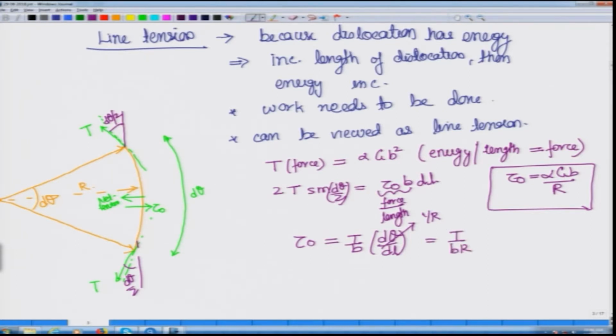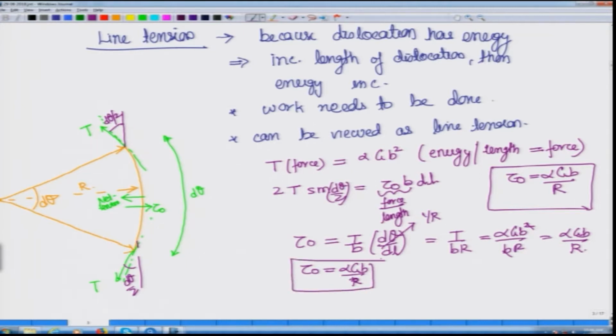But T we already said is equal to alpha g b square. So this becomes tau naught equal to alpha g b by r.